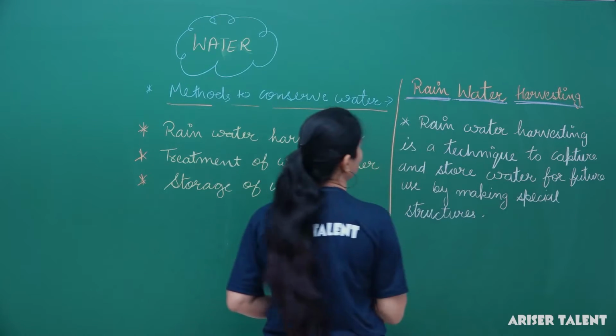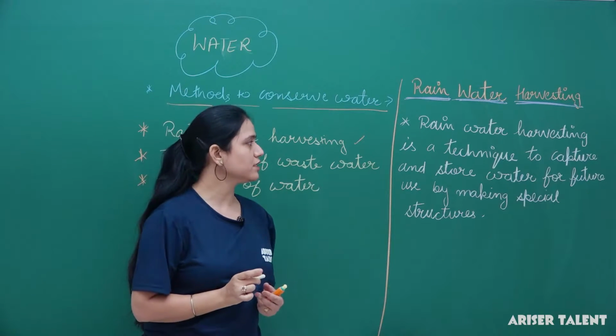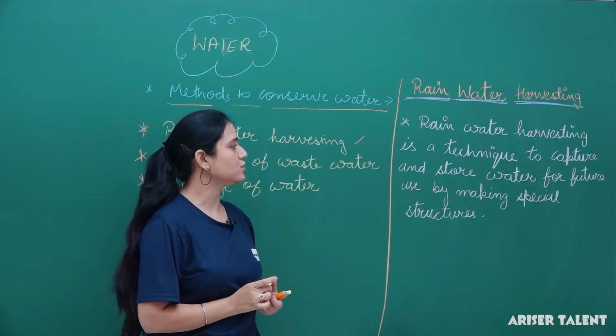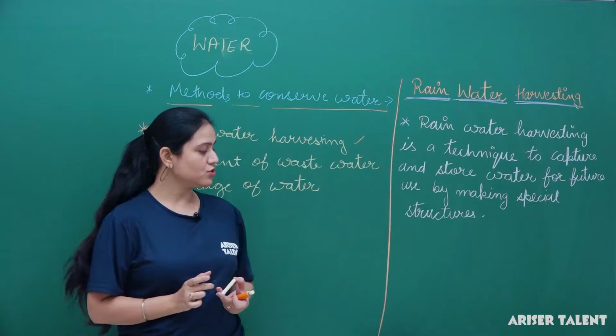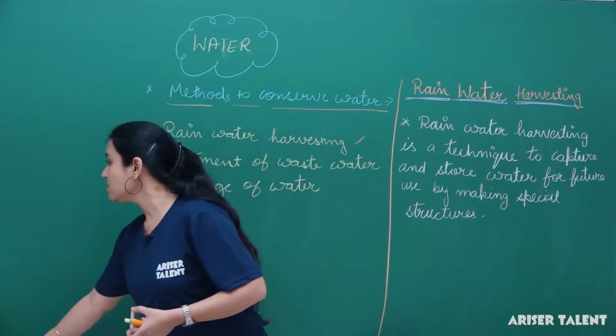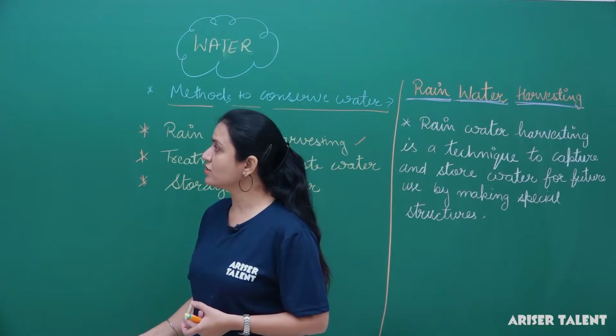Okay, so what is rainwater harvesting? Rainwater harvesting is a technique to capture and store water for future use by making special structures. Now let's see what these special structures are.